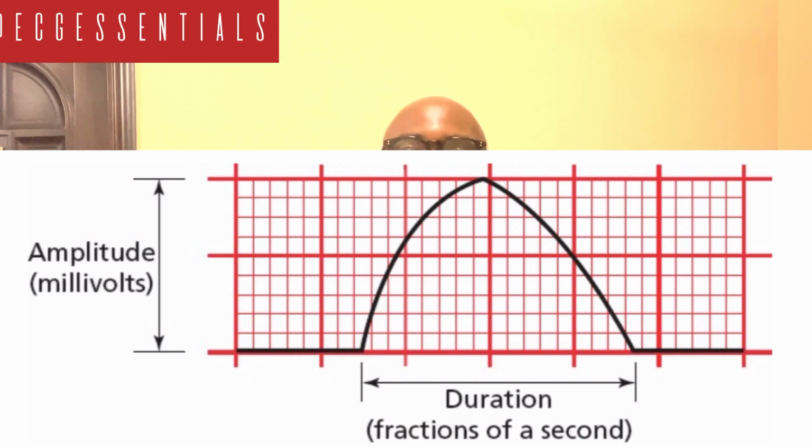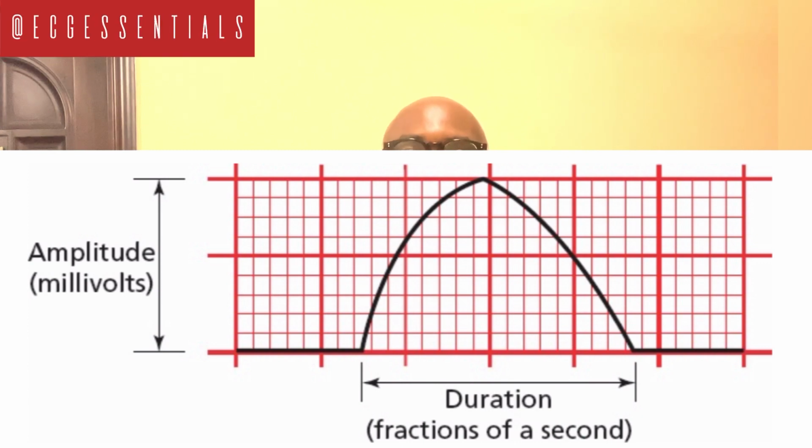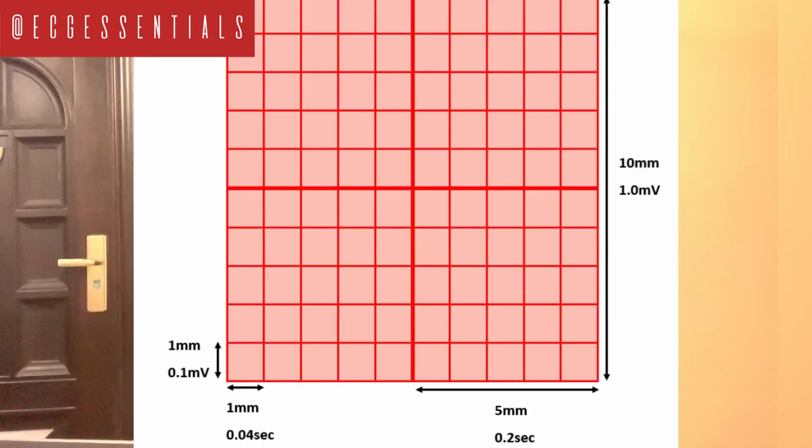We see on this paper that there are lighter or thinner lines. There are also darker or thicker lines as shown in this image. And these lines running vertically and horizontally create small squares and large squares.